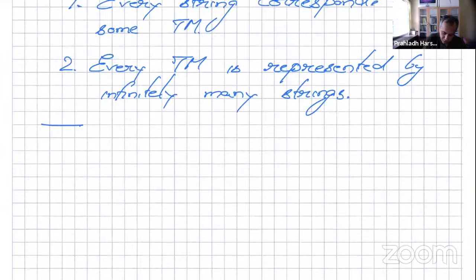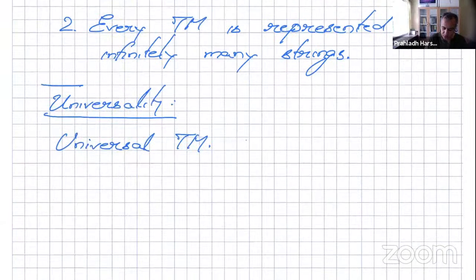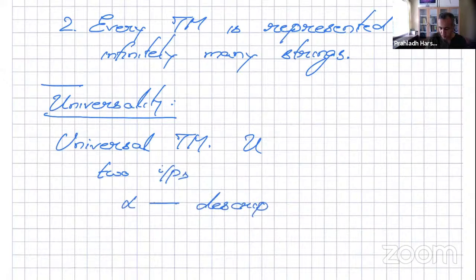Okay. Given this, we'll now go to the notion of universality. This is a notion due to Turing, that there is a universal Turing machine, U, which takes two inputs. One is alpha, which is the description of some Turing machine, the machine M alpha.